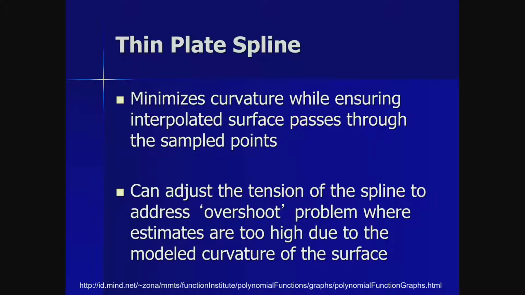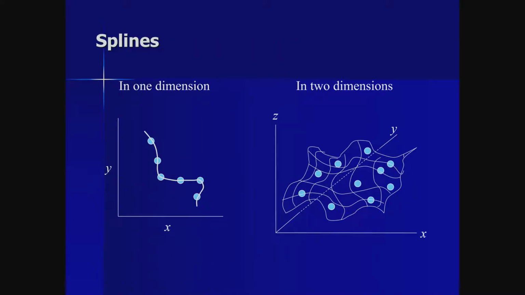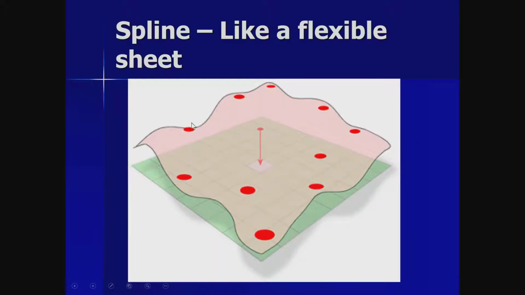The minimized curvature means you can specify how rigid these splines will be. Right? You can adjust the tension of the spline. It's kind of like fitting a metal sheet through a bunch of points. This is the way it would be in one dimension. This is a horrible drawing, but I tried. Okay, here's ESRI's attempt, a little bit better.